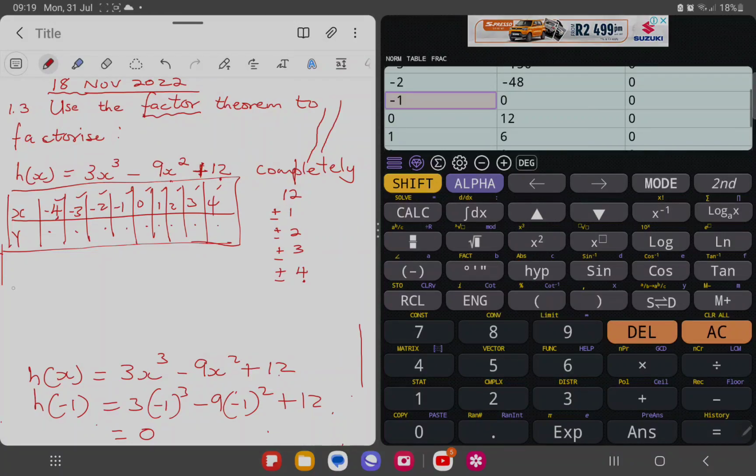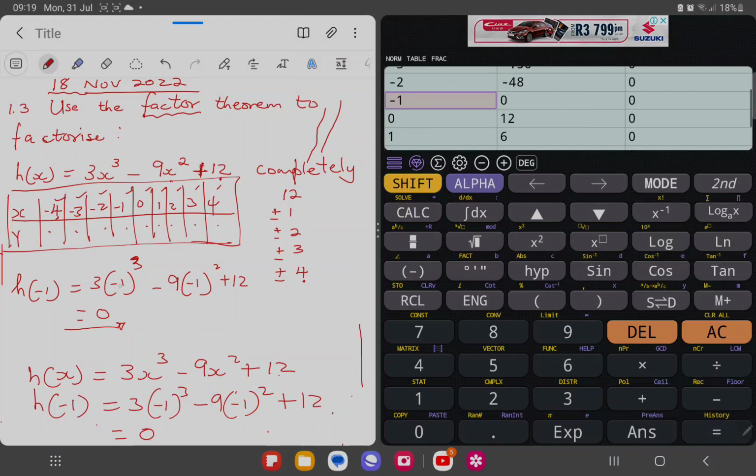It means h of negative 1. We're going to substitute in place of x: 3 of negative 1 to the power of 3 minus 9 of negative 1 squared plus 12. You can use your calculator. The answer that we get is equal to 0.